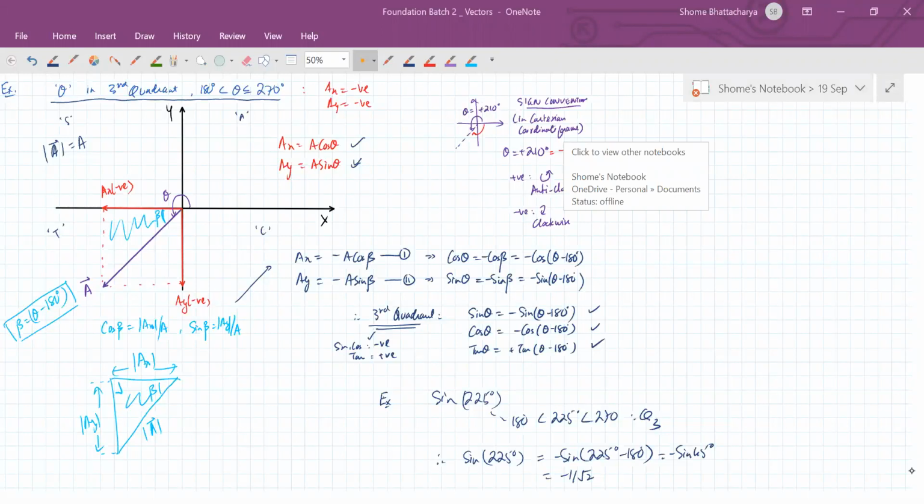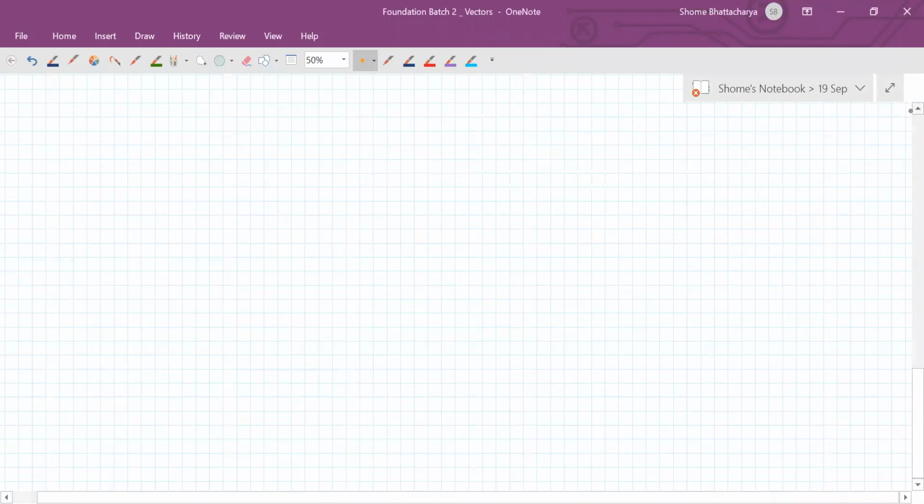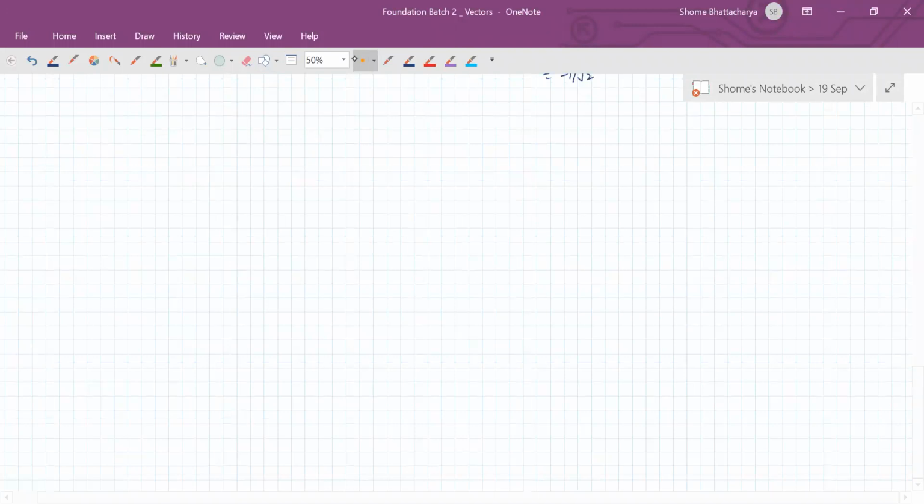Yeah, let's finish the vectors part first, then kinematics you can discuss with Hemant sir also, but you can always send me the doubts, no problem. I'll help you out with kinematics also.